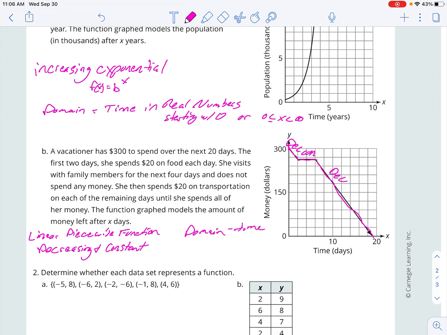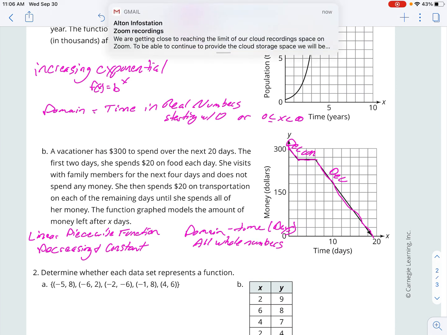And then the domain is going to be our time, in days. And because we're talking days, we're not saying all real numbers. What we're going to be doing here is saying all the whole numbers, because whole numbers are 0, 1, 2, 3, 4.